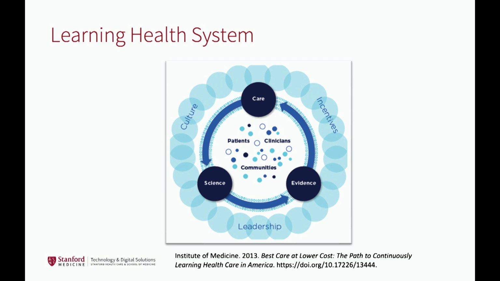In fact, believe it or not, that gap is upward of 10 to 15 years from the time of insight to the gathering of evidence, to the dissemination of that evidence, to the change in practice, to the change in outcomes that we'd like to see in our country or in our organization.